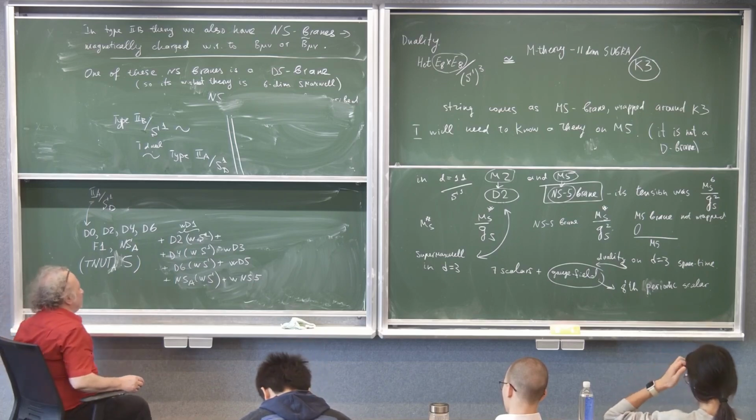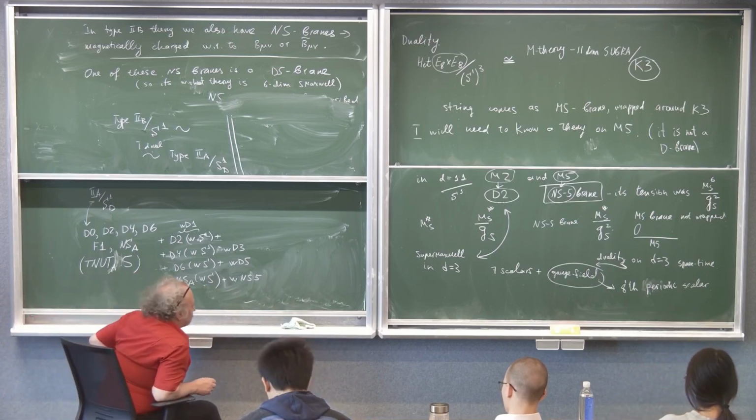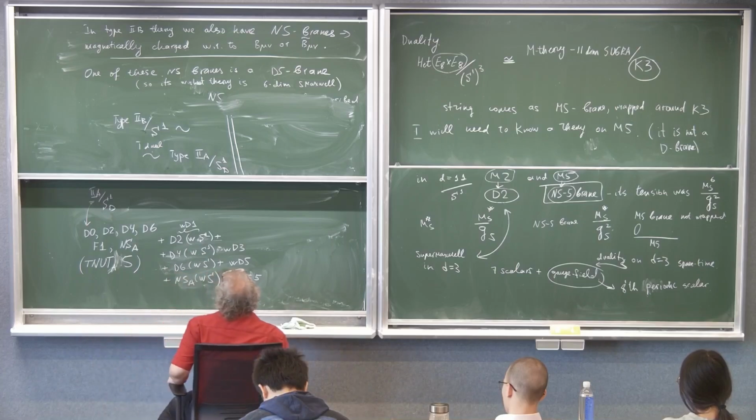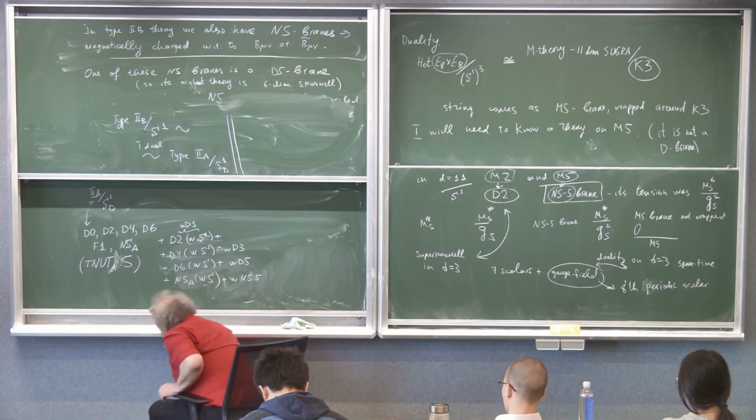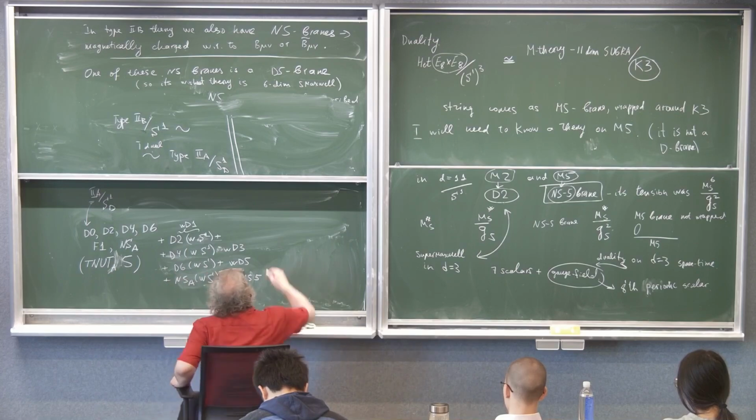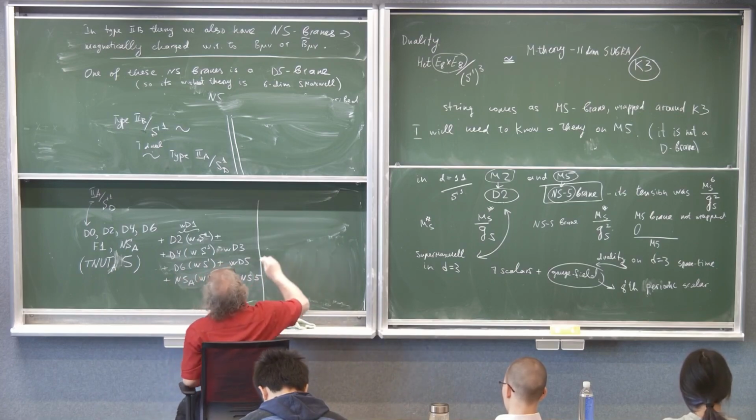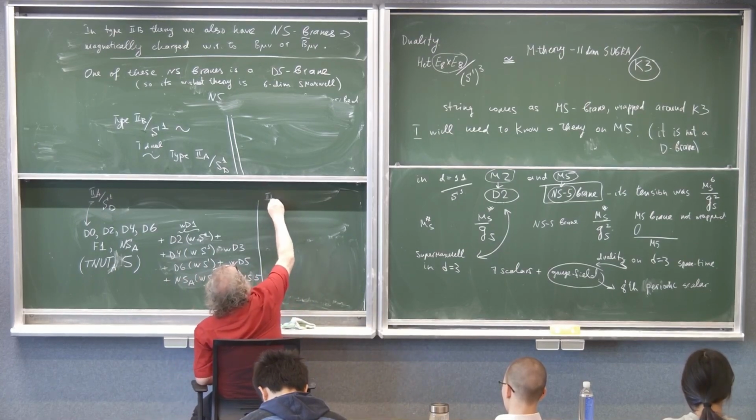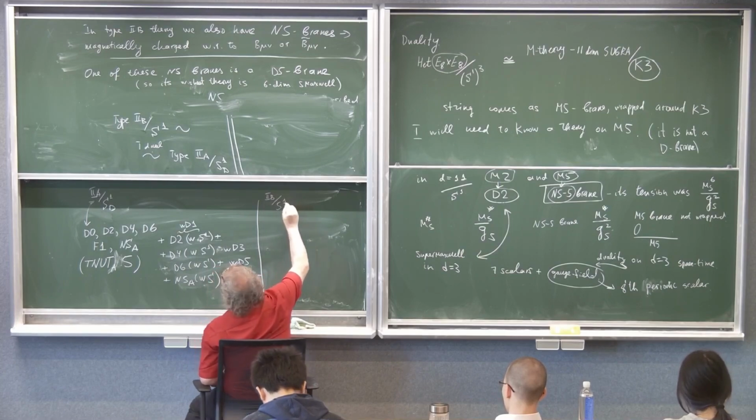Now, let us write the same picture for type 2B, compactified on S1.